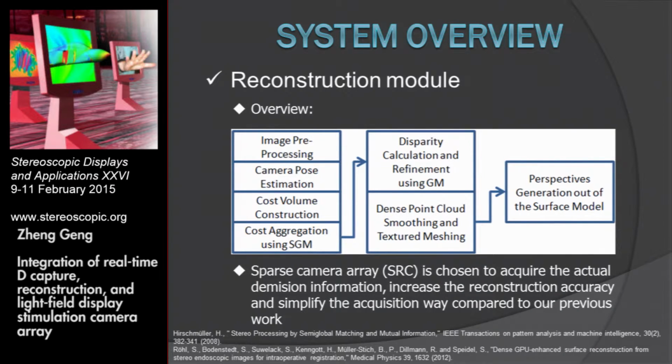Here we use a sparse camera array, or SRC, because we want to acquire the actual dimension information, and we want to increase the reconstruction accuracy. So we don't use only one moving camera, and we don't use stereo.